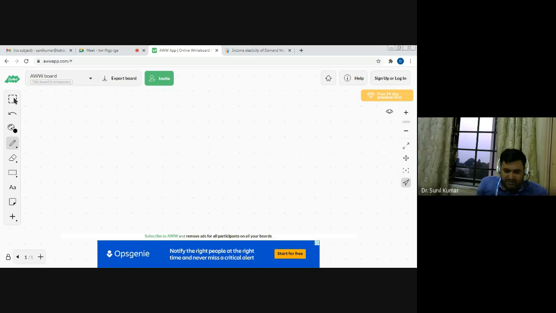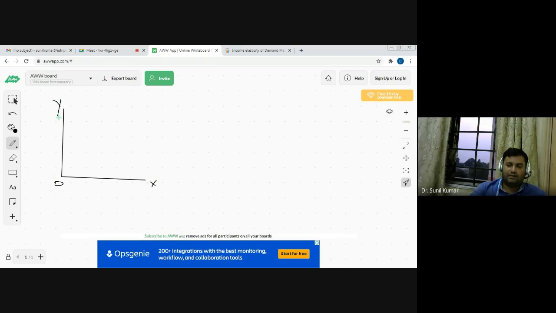The value of the coefficient EY is less than 0, or negative.